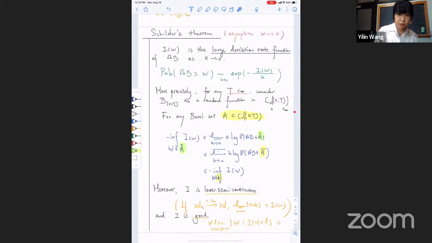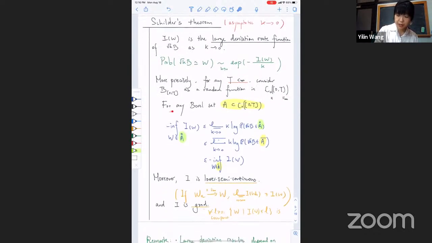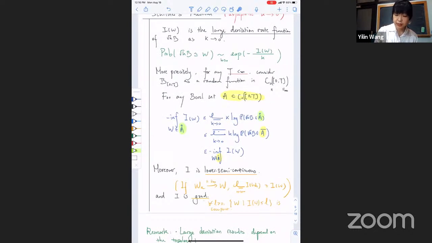And I will put the sup norm topology, and that means that for any Borel set A inside the space of continuous functions, for the probability of square root kappa B belonging to the interior of this set, you take log multiplied by kappa, it will be larger or equal, you take lim inf when kappa goes to 0, to the infimum of the Dirichlet energy for all the W inside this interior.